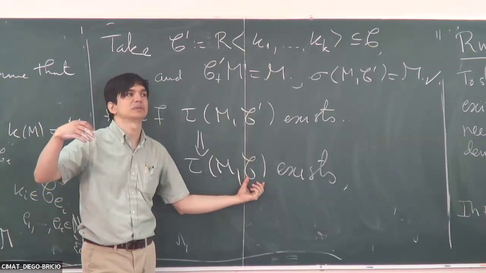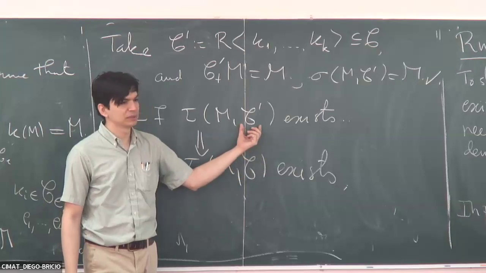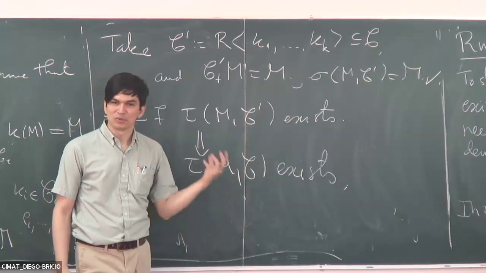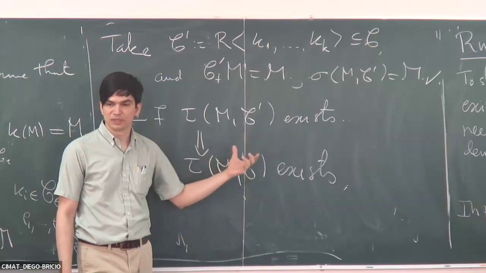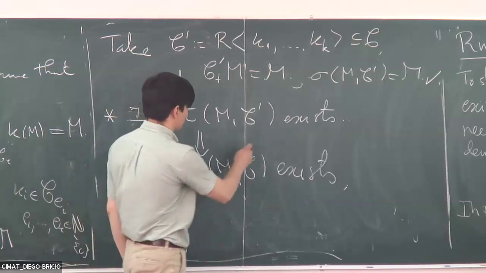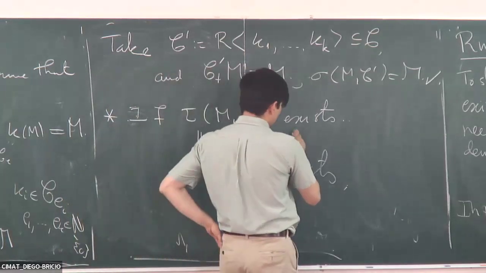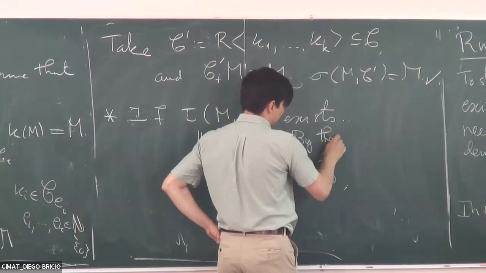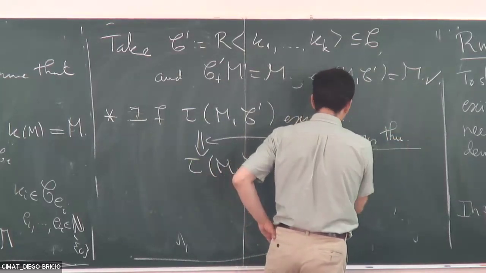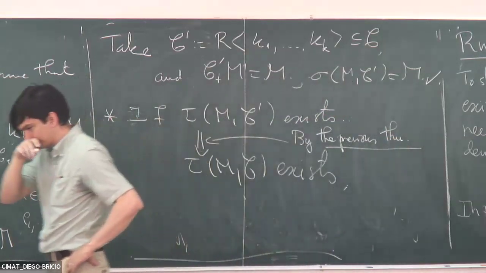Any Cartier module with respect to C is a Cartier module with respect to C prime. So you have that, because we have understood what it means for this to exist. It's a generic term of F-regularity. So by the previous theorem. Okay?